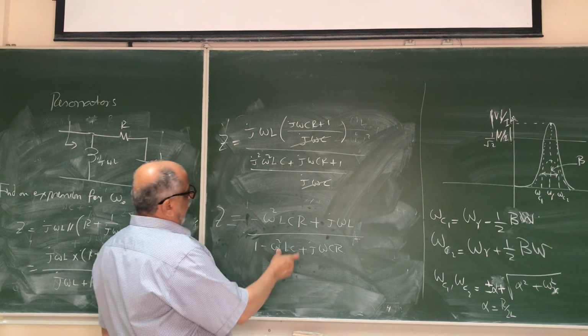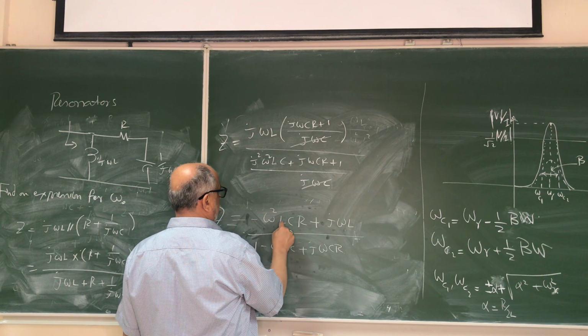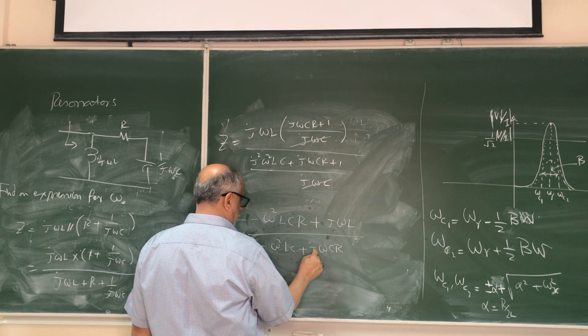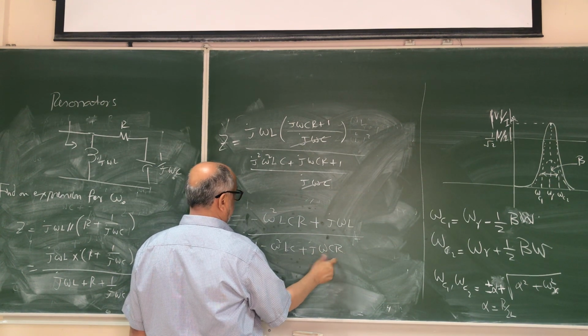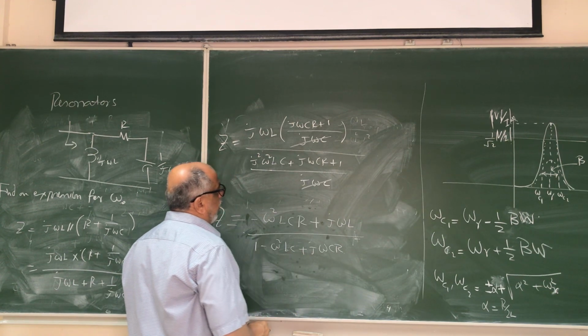So theta of this will be tan inverse of omega L over minus omega squared LCR, and theta of this will be tan inverse of omega CR over 1 minus omega squared LC. Now equate these two terms and you will get the resonance frequency.